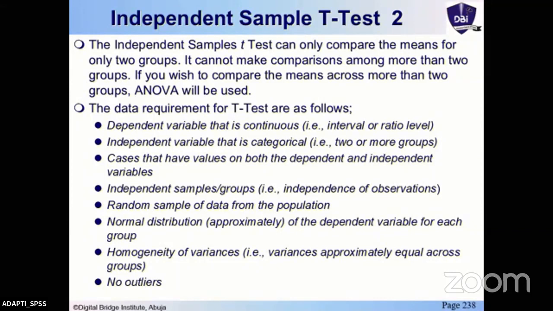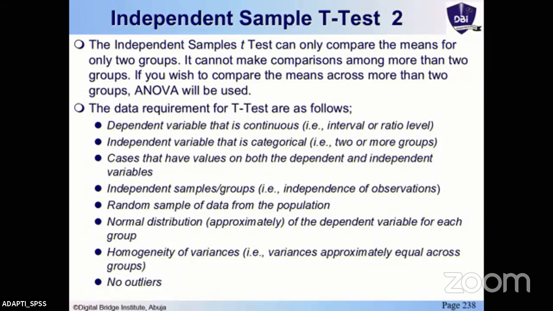It means that you are going to get the scores of male and female. Therefore, you have two scores that are continuous. But the rule here says that you should have one variable that you are going to call the dependent, that is continuous, that is interval or ratio.